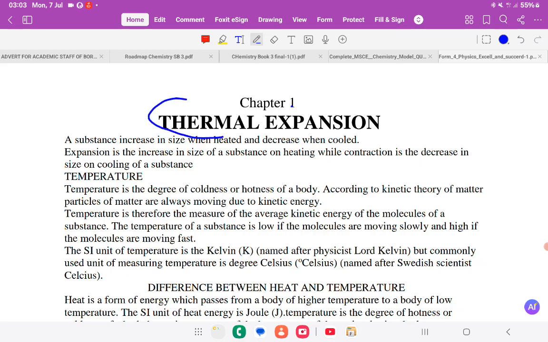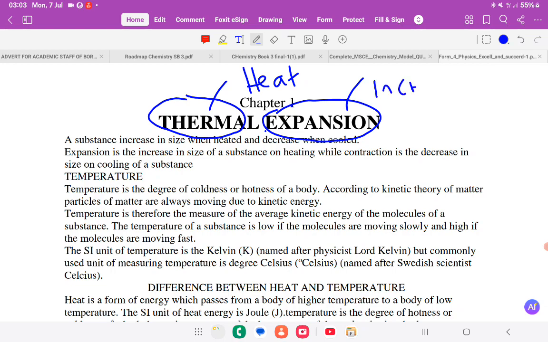So let's understand the terms. Thermal simply means heat. Anywhere you see thermal, it means it has to do with heat. And then expansion simply refers to increase in size.